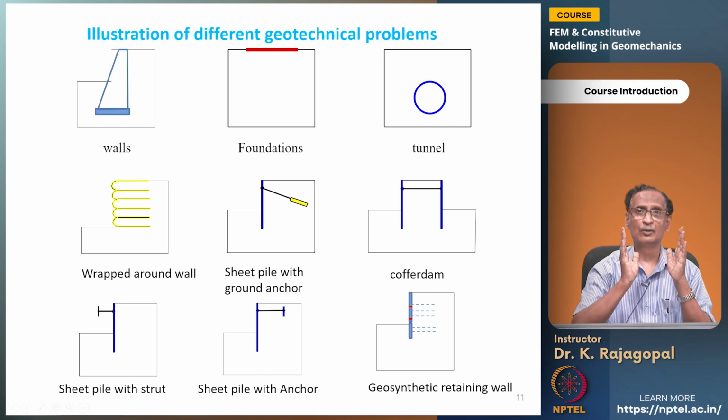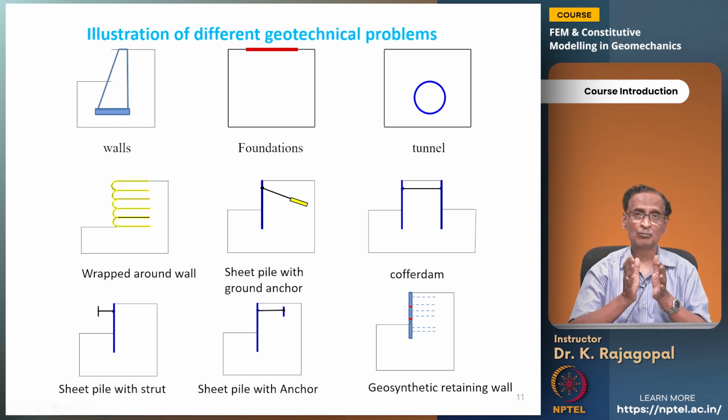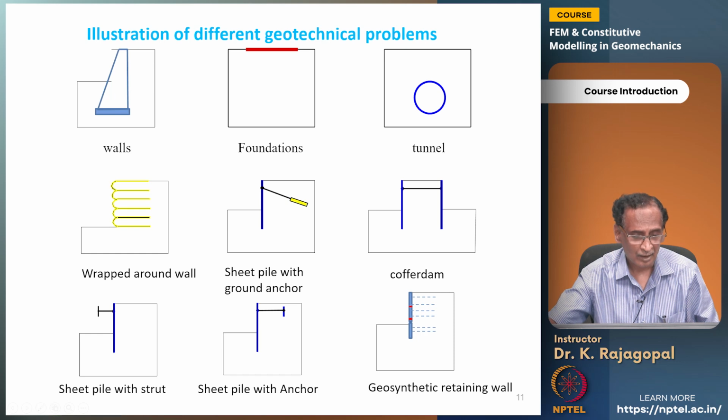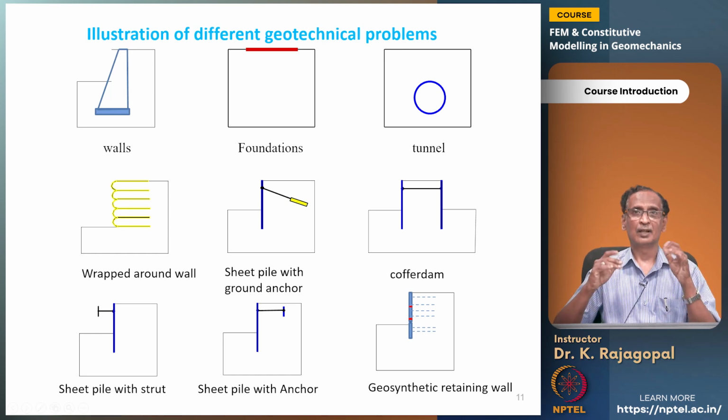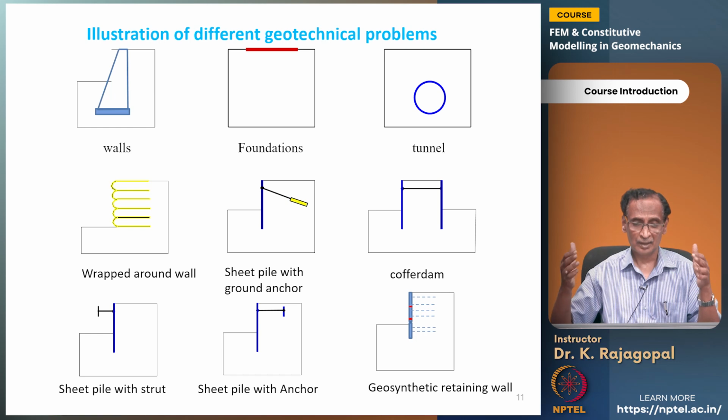Especially if we are doing narrow excavations, the strut is something that we come across. The strut is a member in compression, and when it is in tension, we call it a tie.